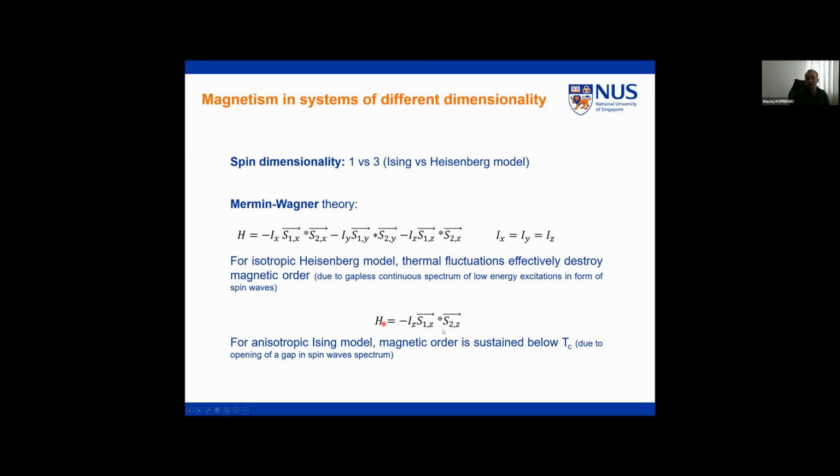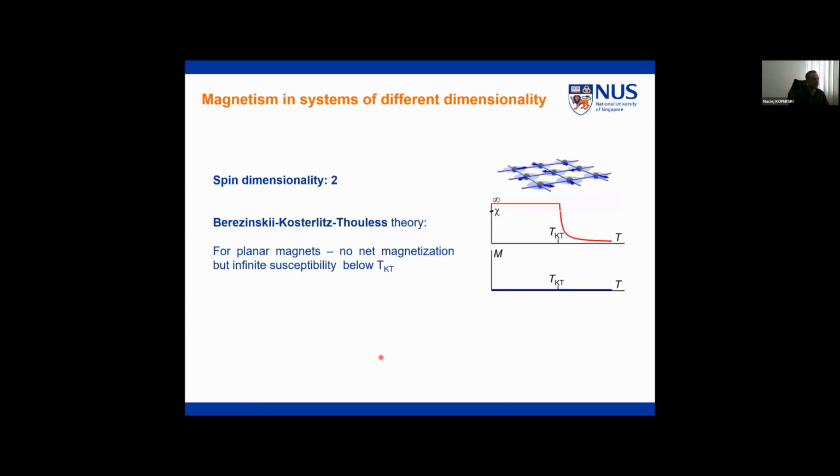However, if you have a strong anisotropy, which forces the magnetic interaction to occur only in one direction, then again this opens up a gap in the spin spectrum, and similarly, magnetic order may be created.